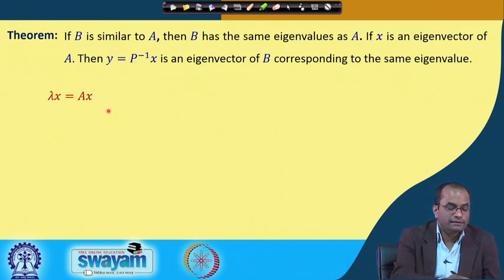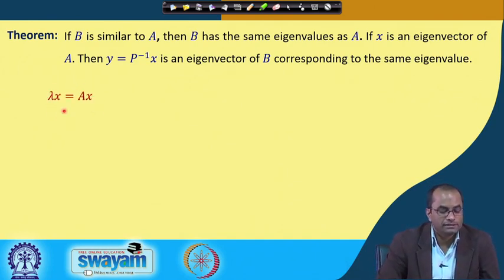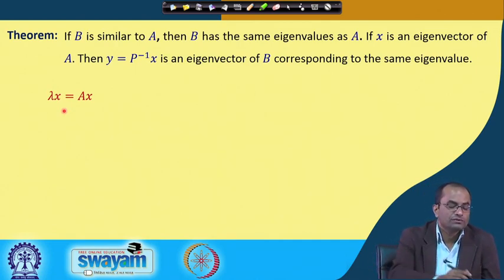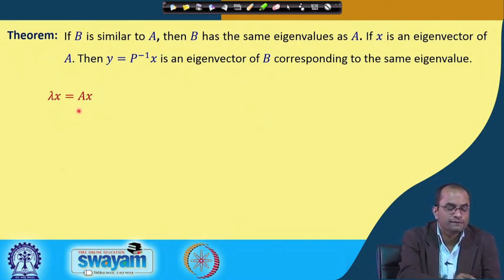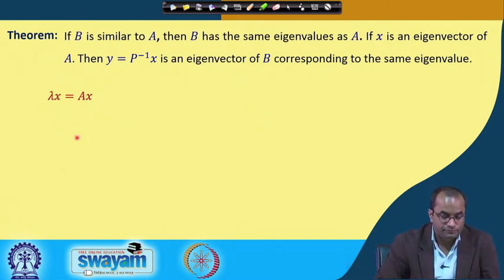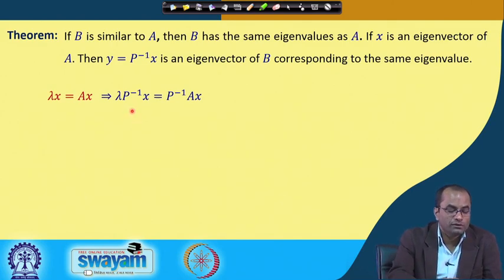So, let us say lambda is the eigenvalue of the matrix A, and similar to A we have the matrix B. First, the relation for A: x is the eigenvector and lambda is the eigenvalue. So, we have A x is equal to lambda x, and now we multiply by P inverse.